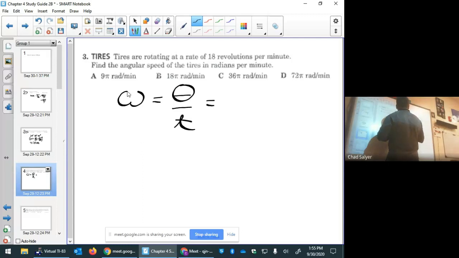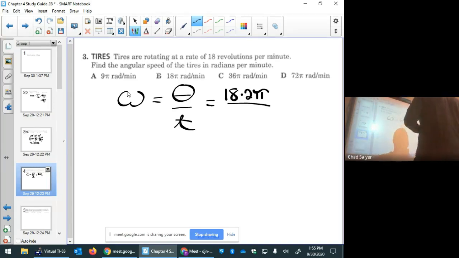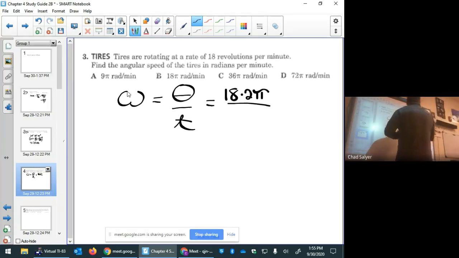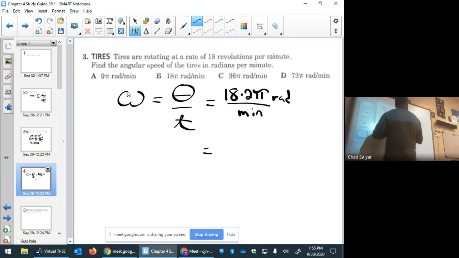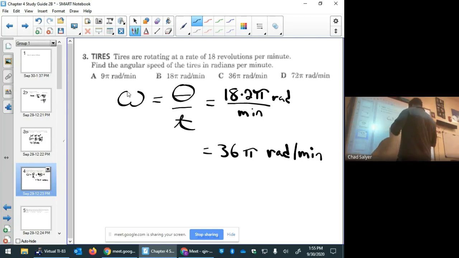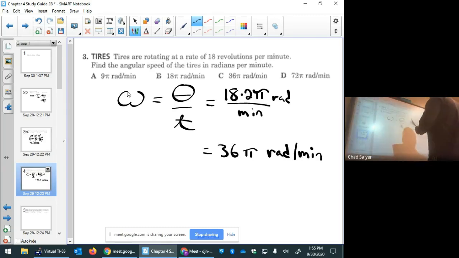So this is 18 RPMs, so that's 18 whole circles, which in radians is 2 pi. So 18 times 2 pi, in radians per minute. So that's going to be 18 times 2, or 36 pi radians per minute. And that looks like C as in Charlie.